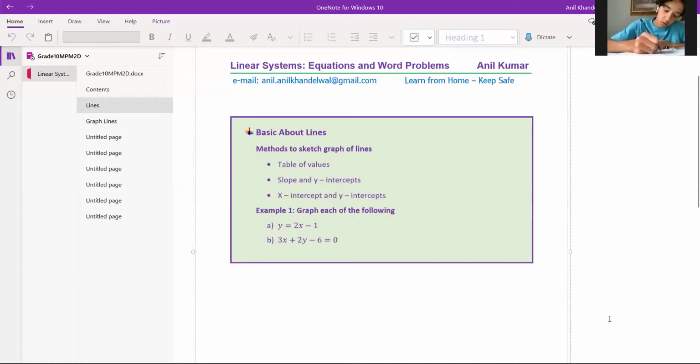Something like this. It looks okay. Can you describe your line and the process which you utilized to sketch this particular line?